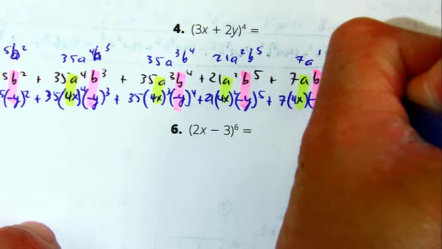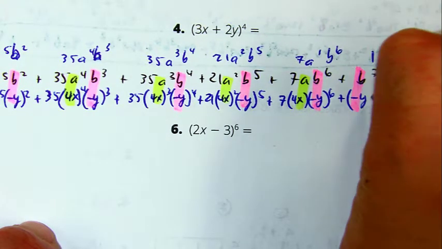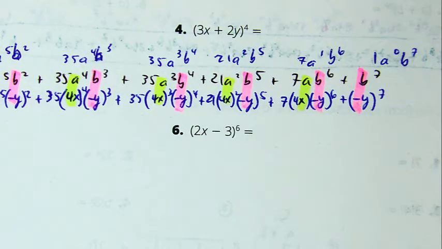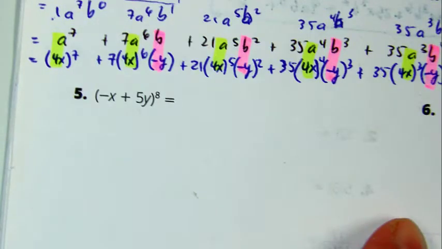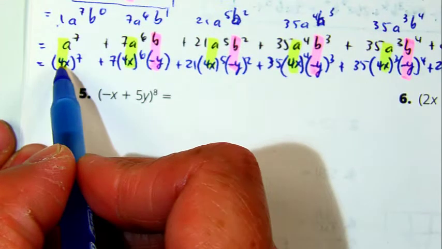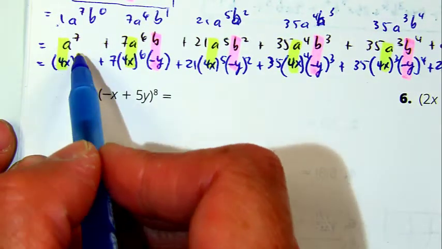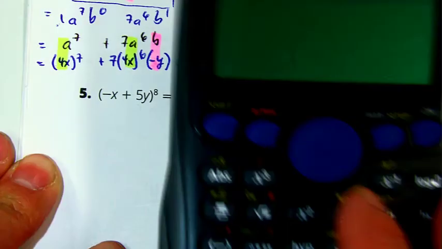Alright, now have your calculator out. Now we're going to use our calculator to simplify these. In the calculator, I'm not going to put in 4x, I'm just going to get 4 to the 7th power. Class, is 4 to the 7th power 28? No, it's a very big number.